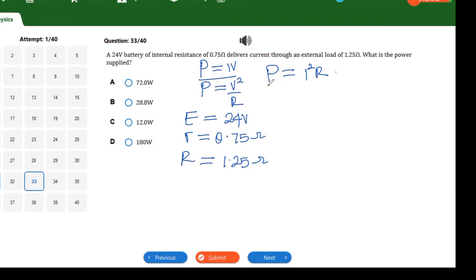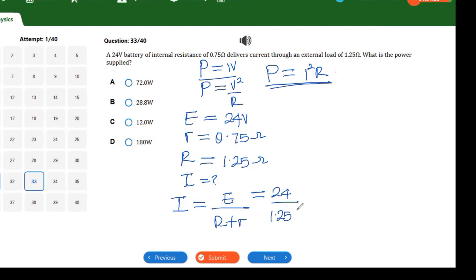I think we should go for this particular formula, right? All we need to get now is our I. So how do we get I? Remember, anytime you have EMF and you're looking for I, use this formula. I equal to what? E all over R plus what? r. That will be 24 all over R, which is 1.25, then plus what?